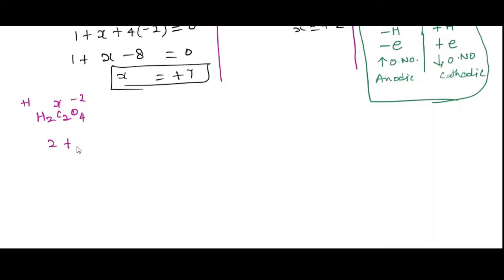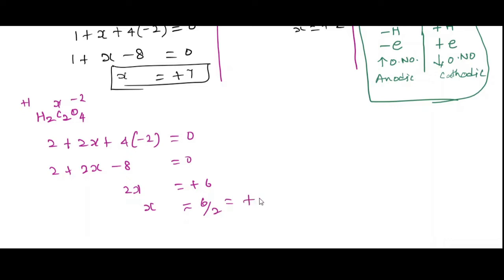So 2 plus 2x plus 4 times (-2) is equal to 0. So 2x minus 8 plus 2 is equal to 0. Therefore 2x is equal to +6, is it not? The 2 minus 8, that is -6, becomes +6 when it goes to the RHS. Now x is equal to 6 by 2, that is +3. So +3 is the oxidation state of carbon in oxalic acid.